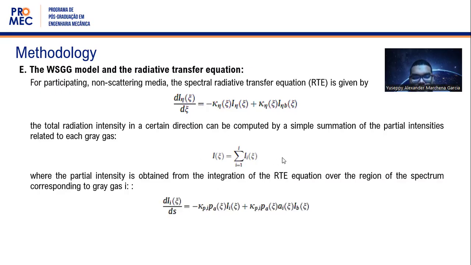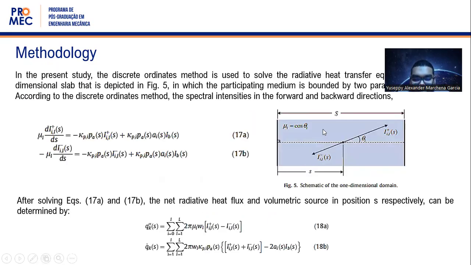So, saying this, the spatial solution of the RTE is carried out using the discrete ordinates method applied to a one-dimensional slab geometry, in which the participating medium is confined between two parallel walls, as schematically shown in figure 5.